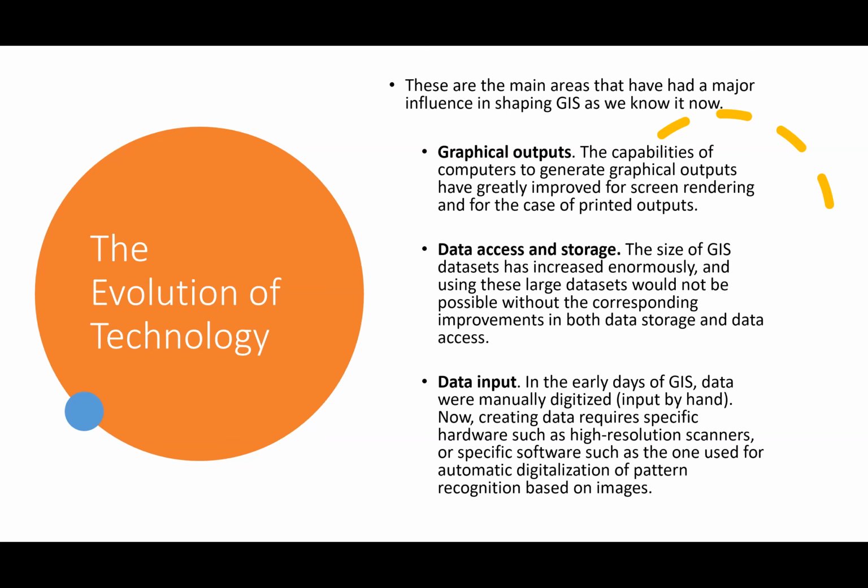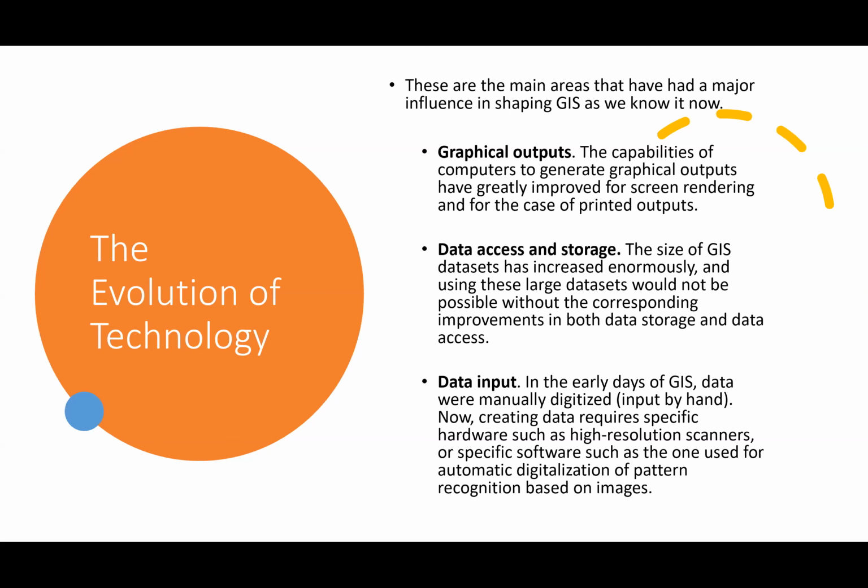Data access and storage. The size of GIS data sets has increased enormously, and it's going to keep growing, and it's going to be married with other data. And using these large data sets would not be possible without corresponding improvements in both data storage and data access. One of those is cloud, the availability of the cloud now for us to be able to hold data, also to be able to host data if you were using a website or some other web tool to disseminate spatial data.